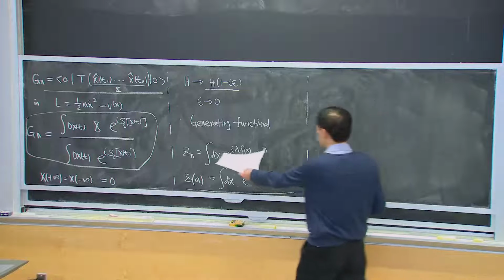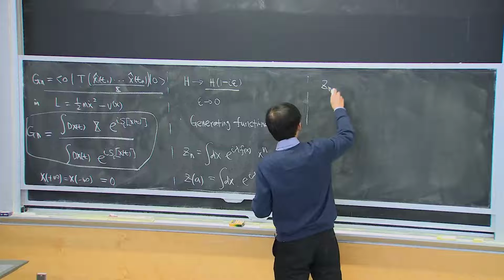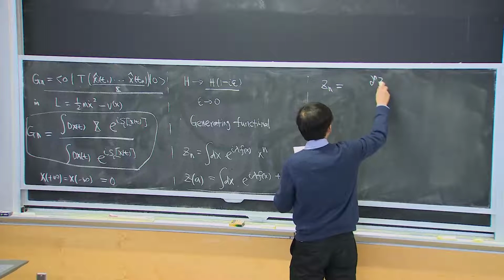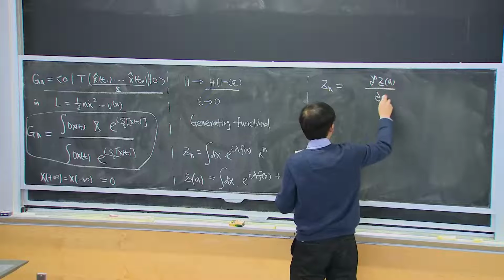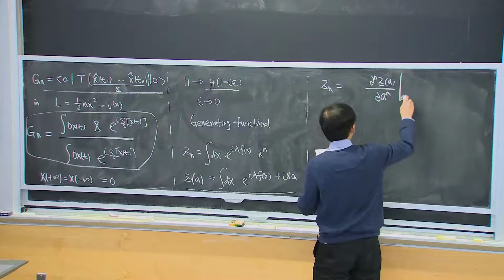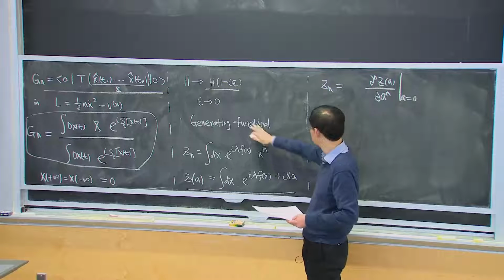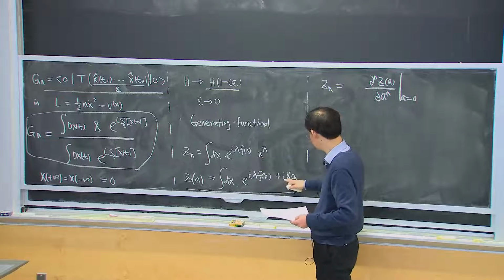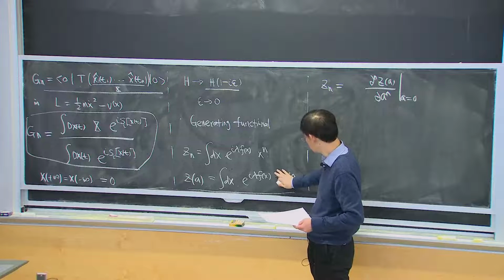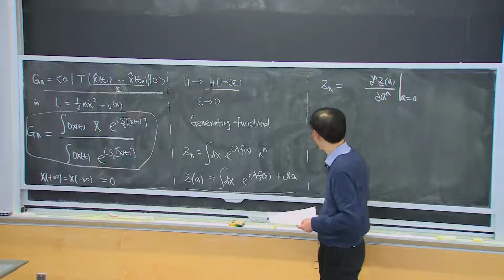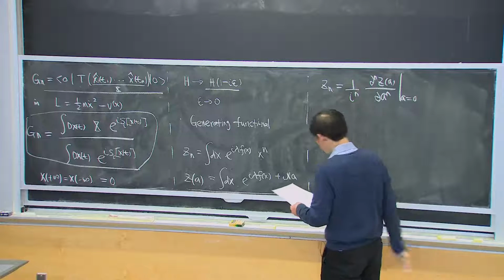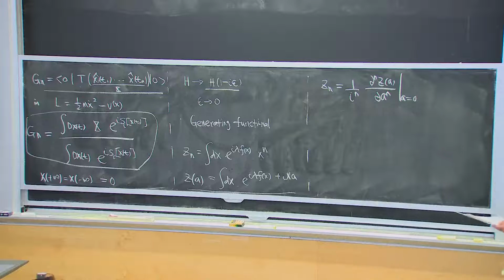So essentially this Zn can be written as the n-th partial derivative of Z(a) with respect to a, and then you set a equal to 0, because in the end, in this integral there's no exponential piece. You set a equal to 0, then you get rid of the exponential piece, and you have a factor of x^n.